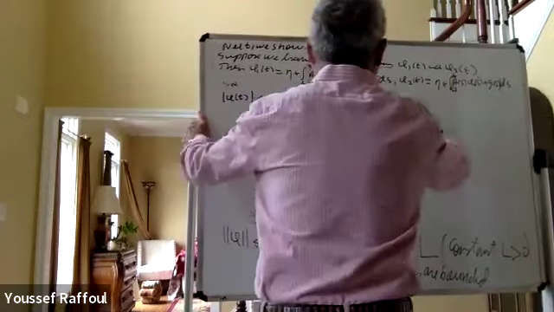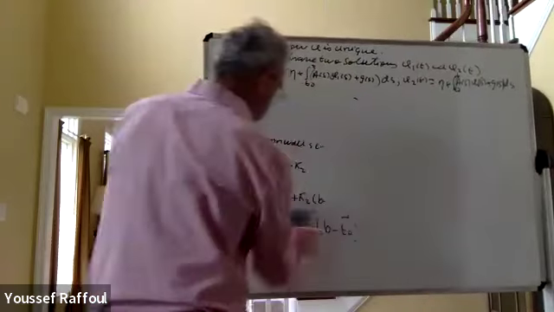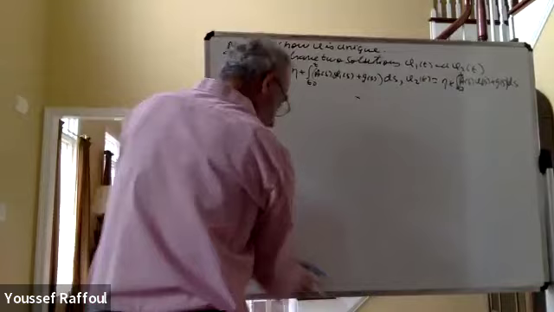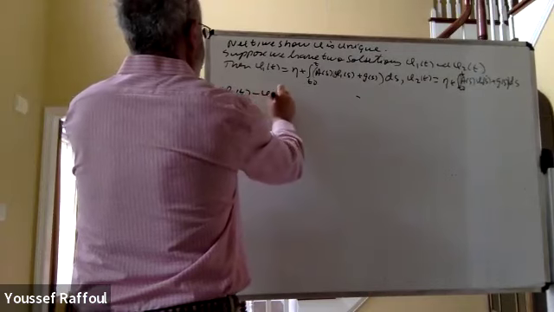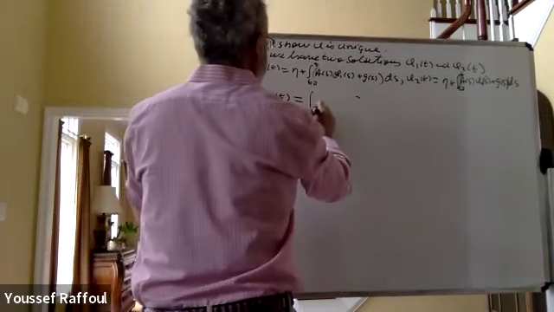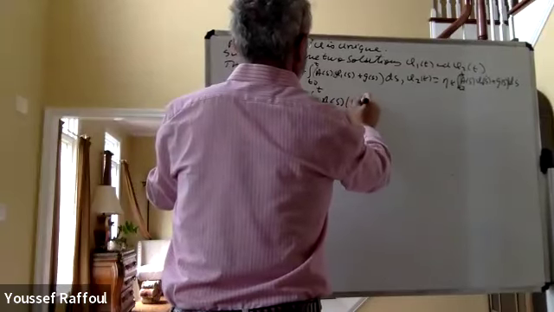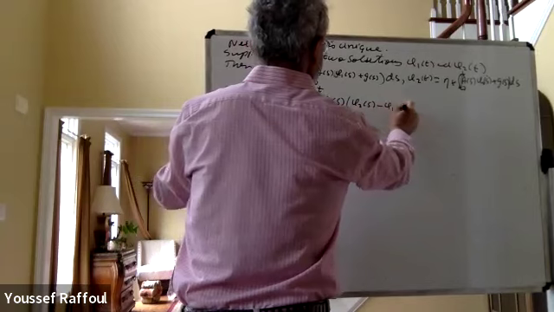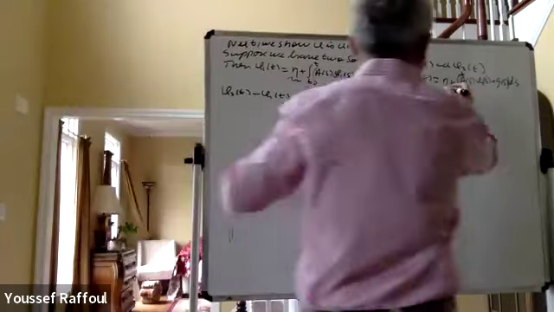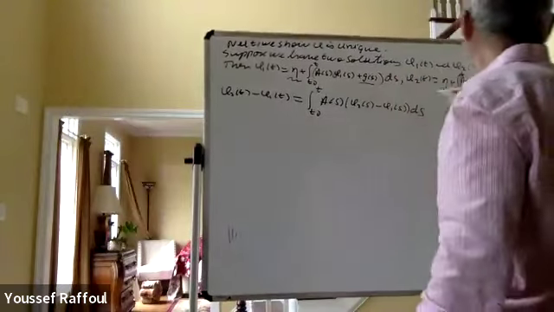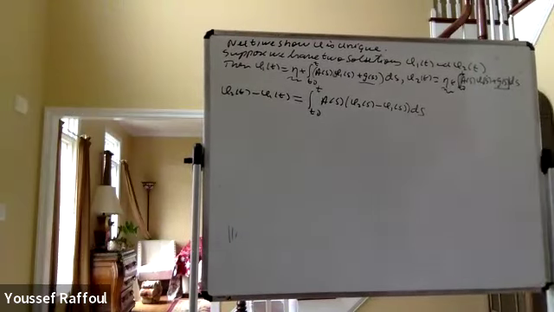Then if I look at the difference between them, phi 2 of t minus phi 1 of t equals the integral from t0 to t of a(s) times (phi 2 of s minus phi 1 of s) ds. This will cancel out with this, and this will cancel out with this. So you're only left with this one.